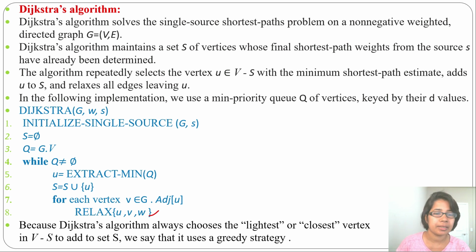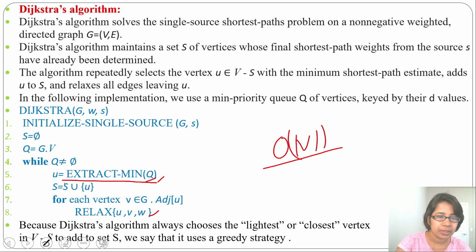So what will be running time of it? Running time depends on this extract min. So how we are extracting the minimum? If this is a normal array, then extraction min will be order of V, order of number of vertices. This queue contains all the vertices. Now we'll compare with every vertex and which one is the lowest, that will be extracted.